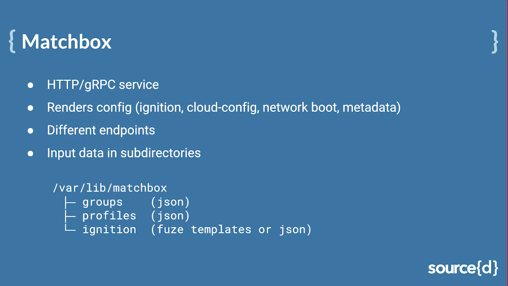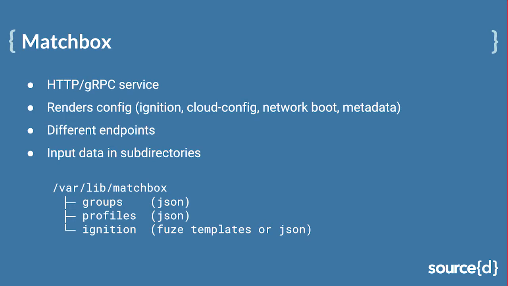So this is how it works. The input files for Matchbox must be stored keeping this structure. So we define groups that match to different profiles, and this is done according to hardware attributes like the serial number or MAC addresses, things like that. And then the profiles include information regarding the kernel that is going to be booted and which arguments it needs.